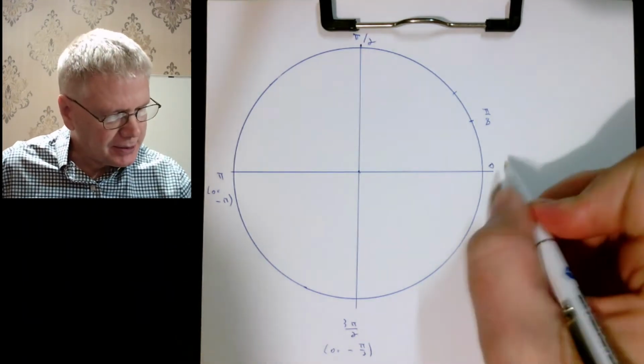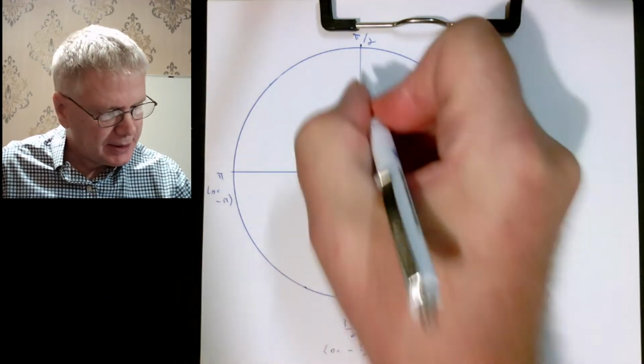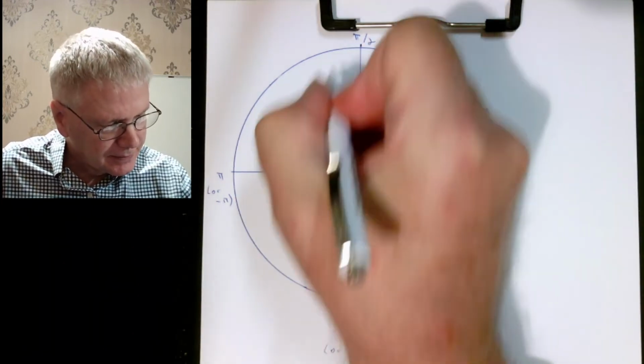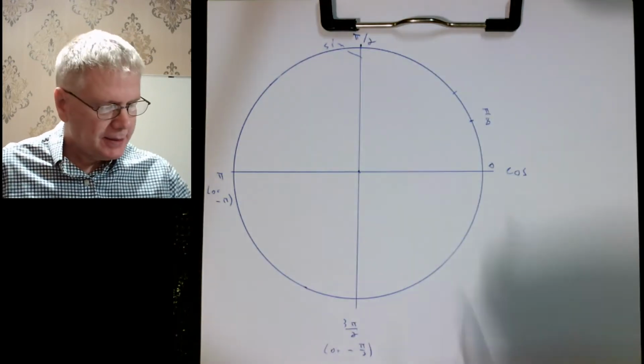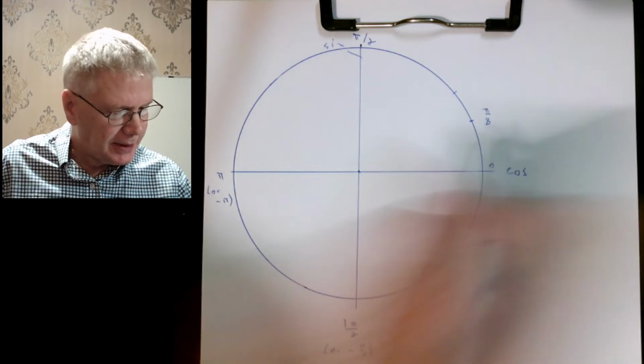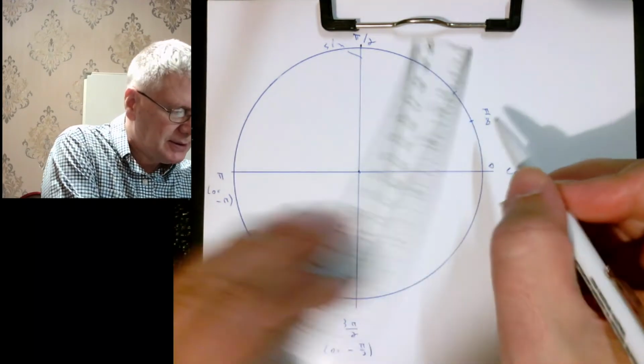On the unit circle we read the cosine on the x-axis and we read the sine on the y-axis. Let's take pi over 8, and just look at the sine first.